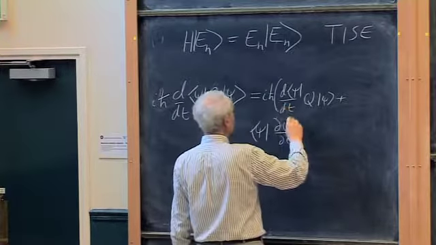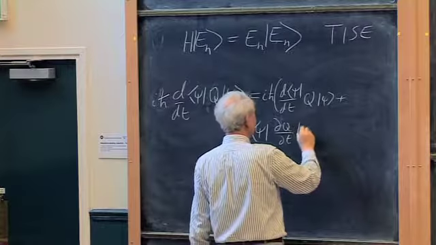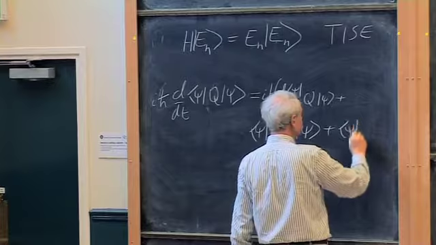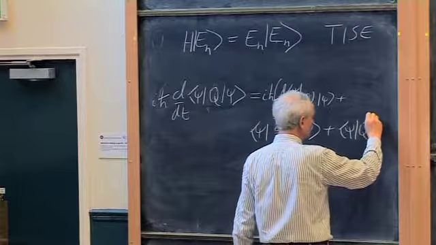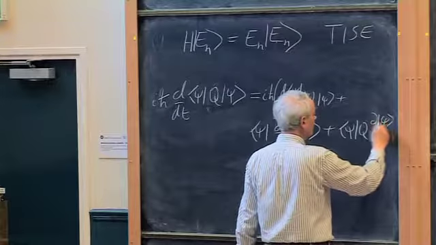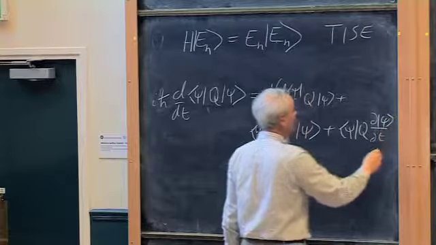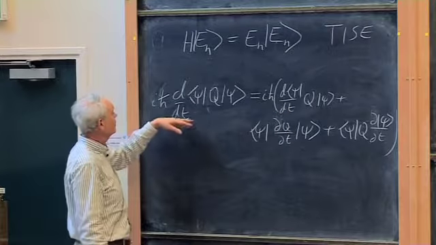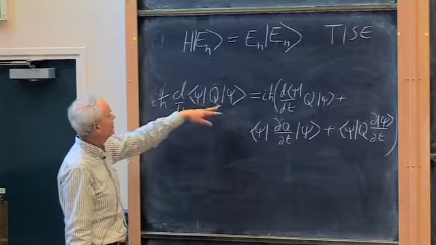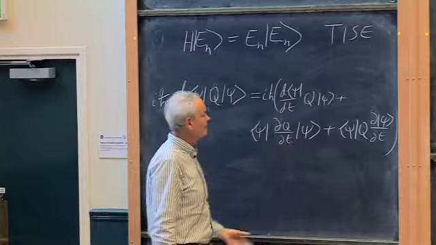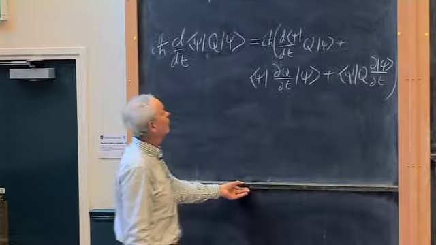Sorry, these things probably should be where they're. Whether we make these things partial derivatives or total derivatives is of no significance. This is clearly a total derivative because this thing doesn't depend on anything except time. Whether we make these partial or total is very unimportant.